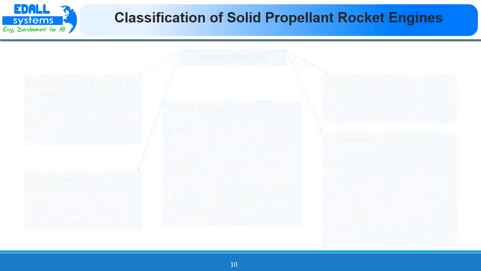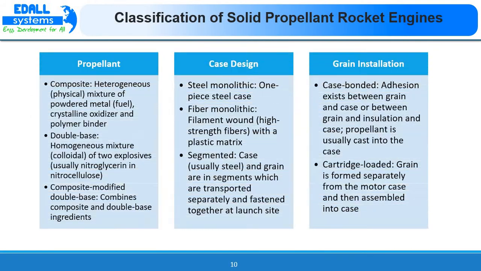Now we will see the classification of solid propellant rocket engines. There are various factors based on which this classification can be done, and some of them we will discuss now. First is propellant. Based on propellants, we can classify them as composite, double base, or composite modified double base propellants.